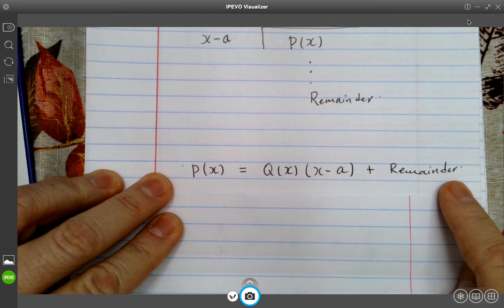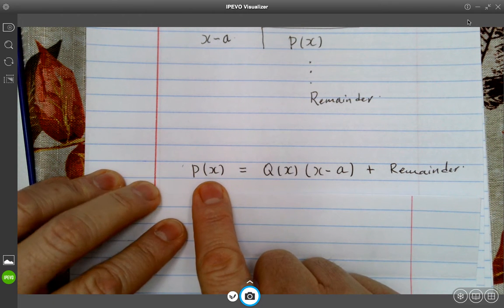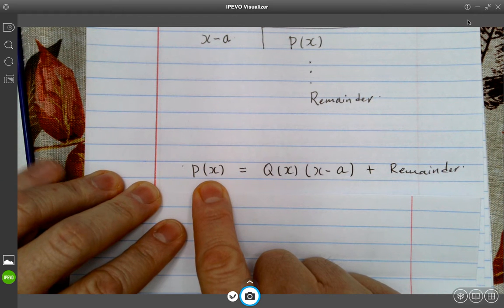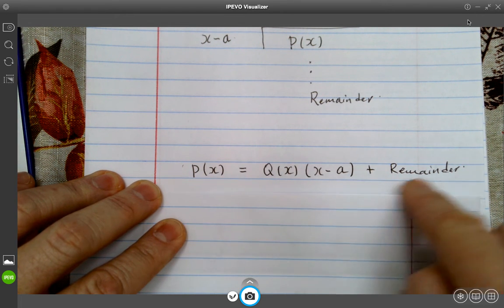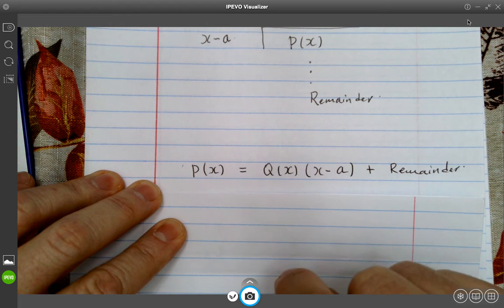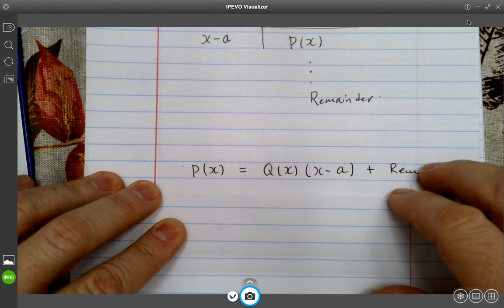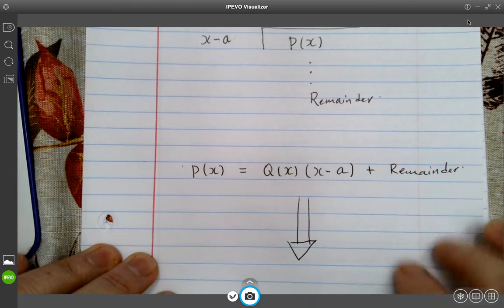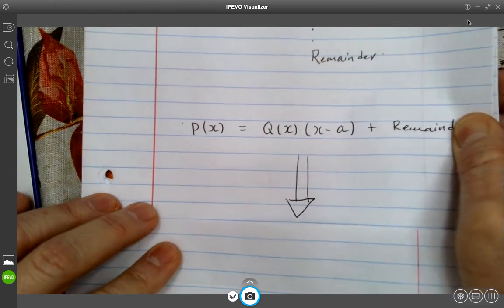And I want you guys to notice what happens when we try to replace the x by a. So we want to find p of a. What value does the function take when I replace the x by a? Well, all we are doing here is replacing the x by a.